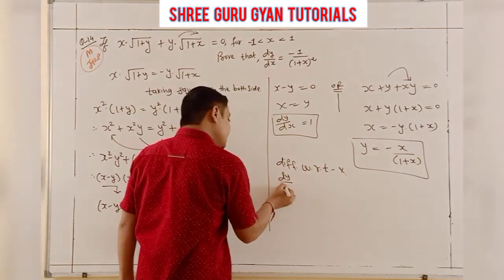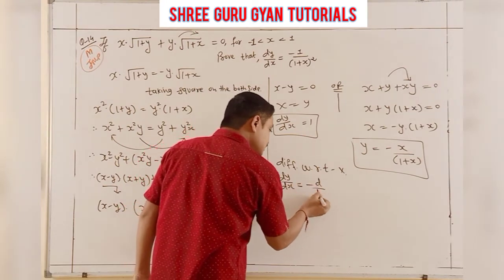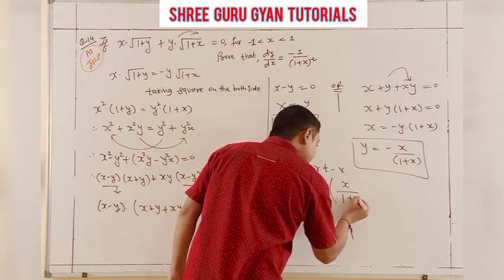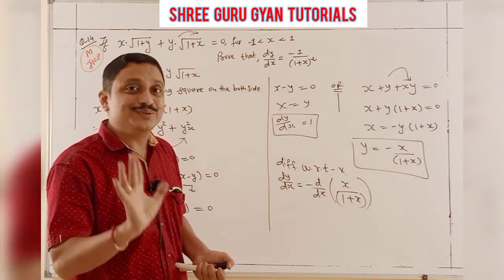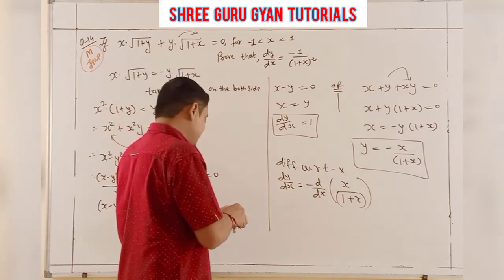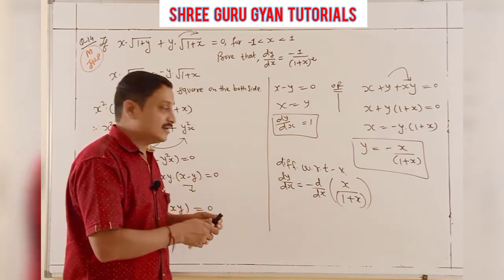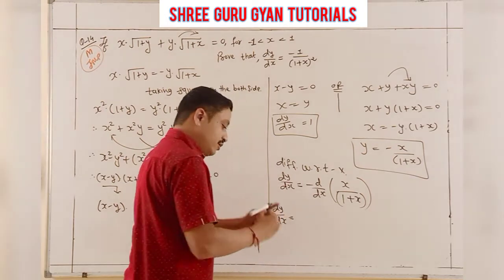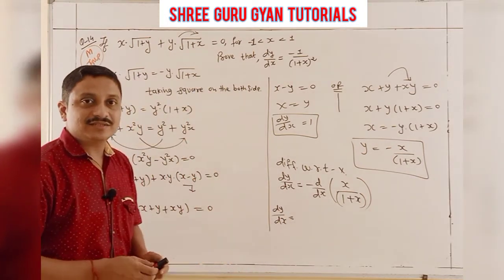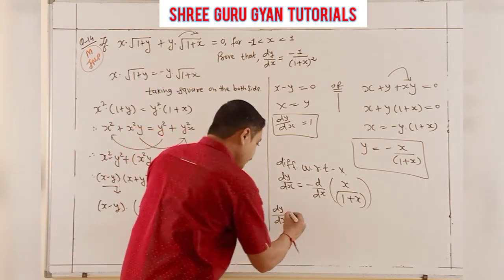So here dy by dx, and here minus d/dx of. I just go to the division rule. You know that? Yes, the 1 by 1. I apply the division rule. dy by dx, that's why it is the same as 2 minus same.